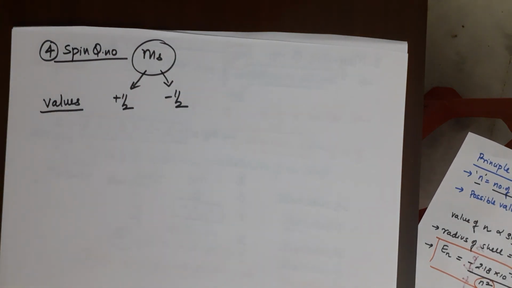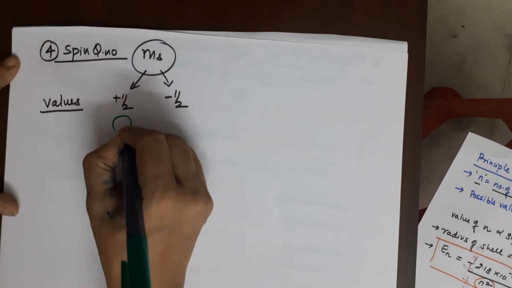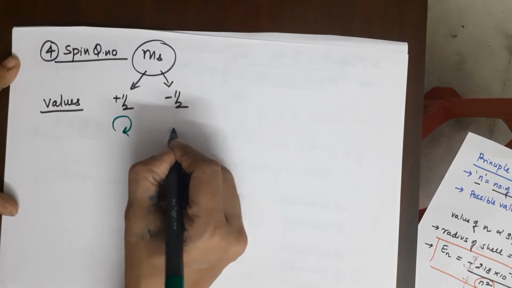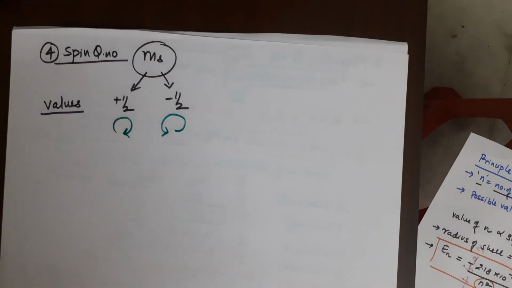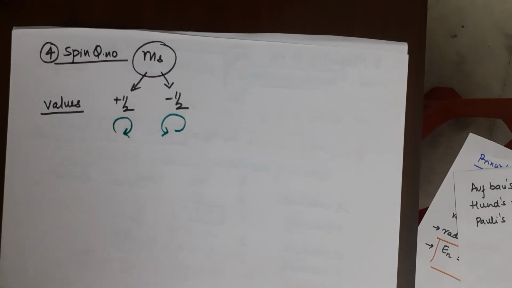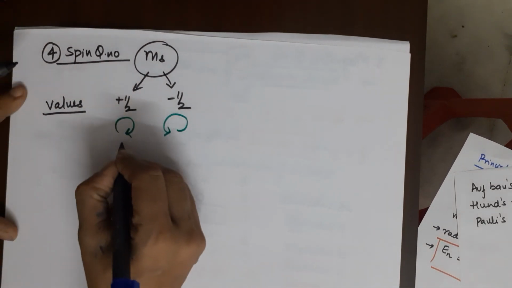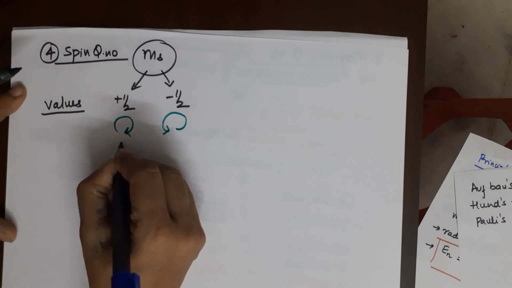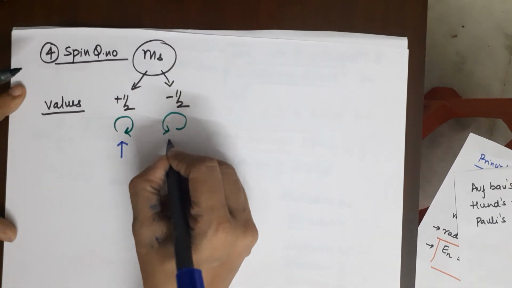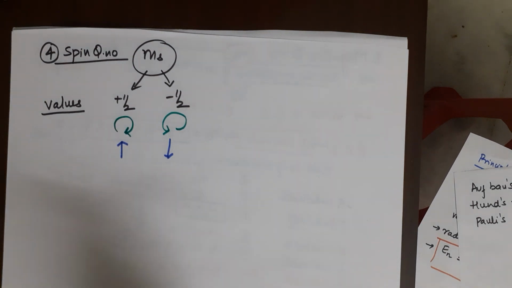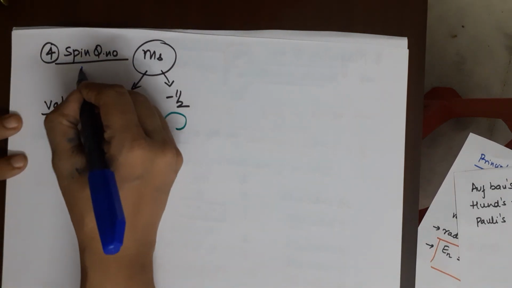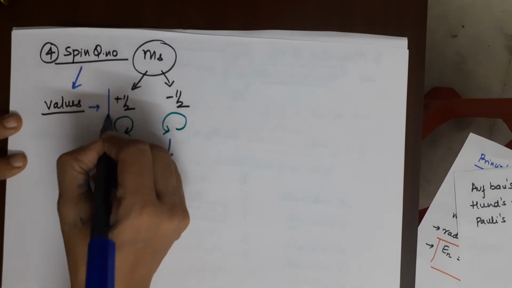It could either be clockwise, positive refers to the clockwise spin of the electron, negative refers to the anti-clockwise spin of the electron. Also, at times you would find we do write these as this positive clockwise rotation is also represented as arrow upwards, and a negative rotation is also represented as arrow downwards. So, when we talk about the spin quantum number, the possible values are only 2.